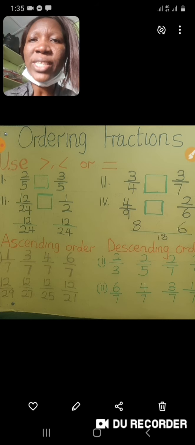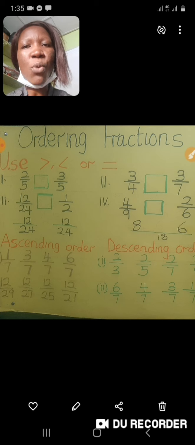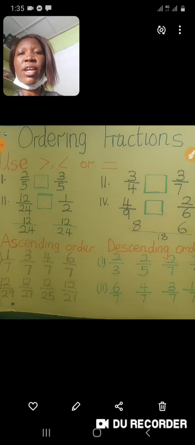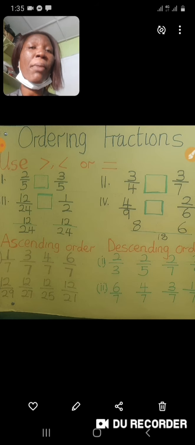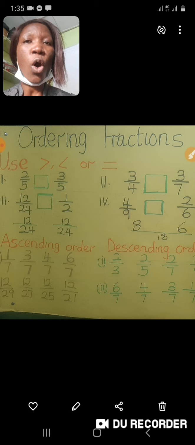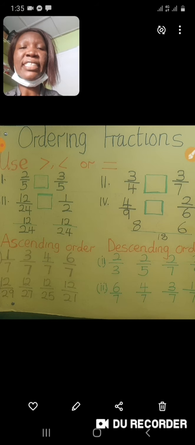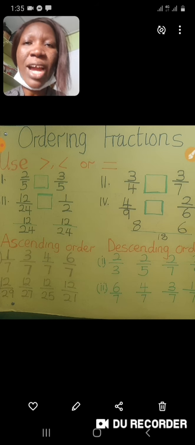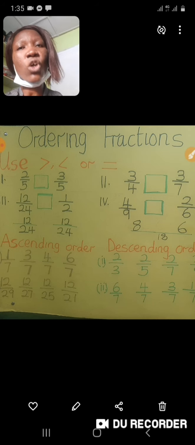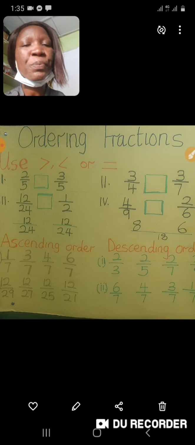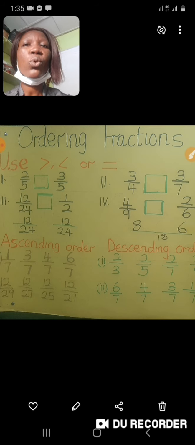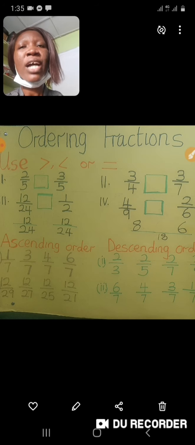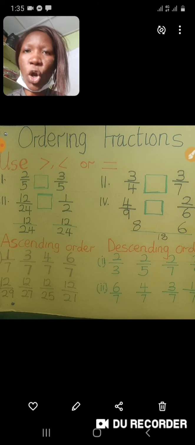Okay, quickly without wasting time, today we want to start with ordering fraction, and then we are going to arrange in ascending order and descending order, because when we talk about ordering numbers or ordering fraction, it is the arrangement of fractions either in ascending order or in descending order, being able to select which fraction is bigger, which fraction is smaller, and which fraction is the same to the other.